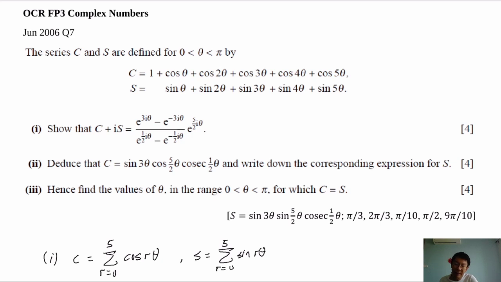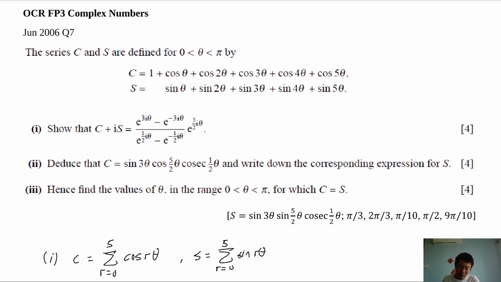So what do I mean by the sum from r equals 0 to 5 for this e power i r theta? We are summing from e power 0, which is 1, plus e power i theta, and so on, until we get e power i of 5 theta. This is what we are trying to sum.